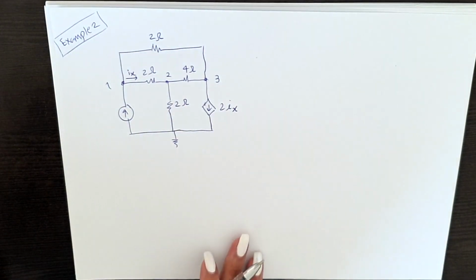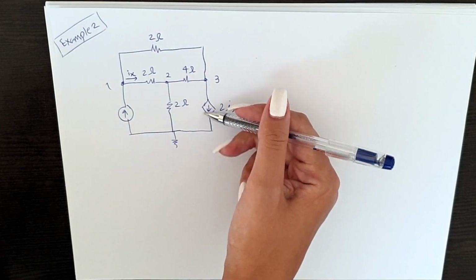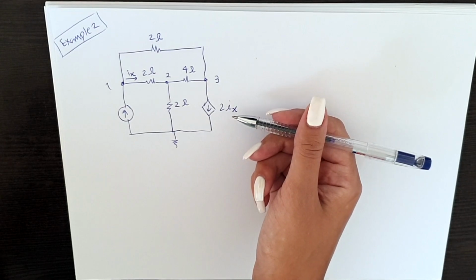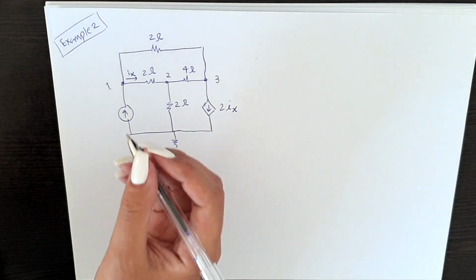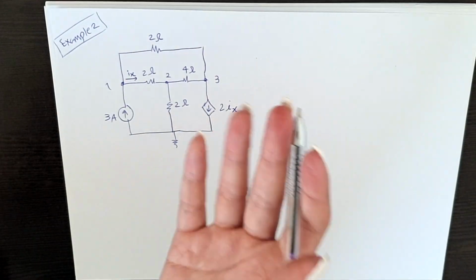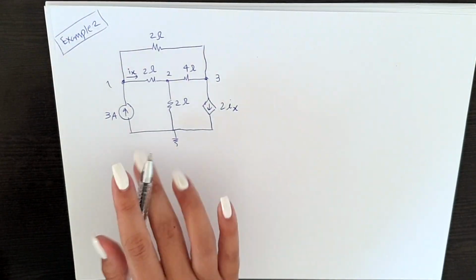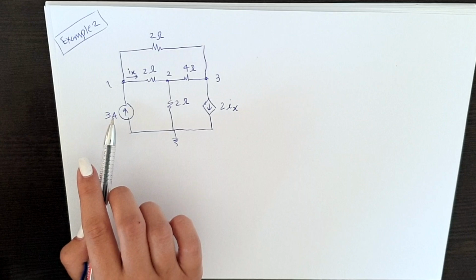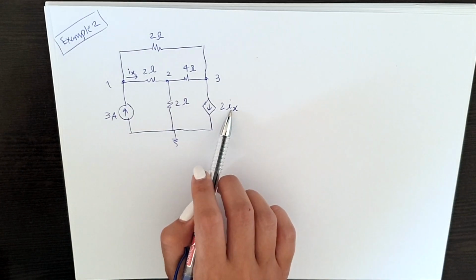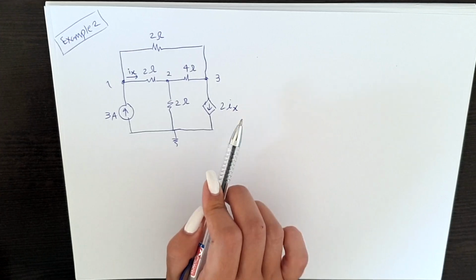What do we have in here? We call this a dependent source. We have independent sources like this one, which is always 3 amperes. It doesn't matter whatever is happening in our circuit, this is always giving us 3 amperes of current. But this current source is giving us 2Ix.